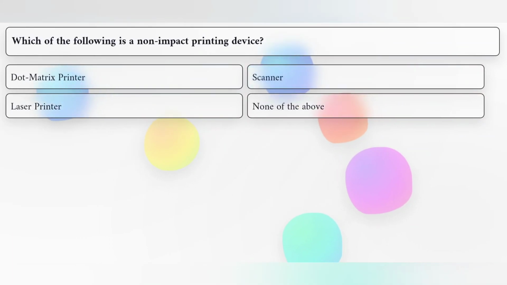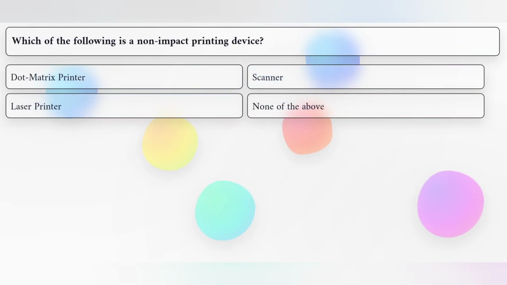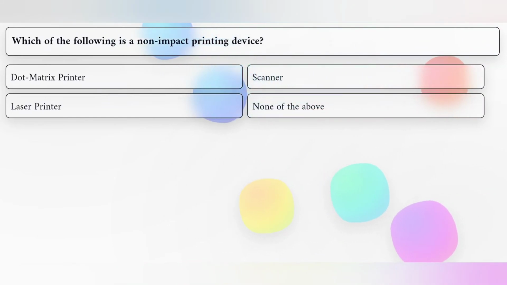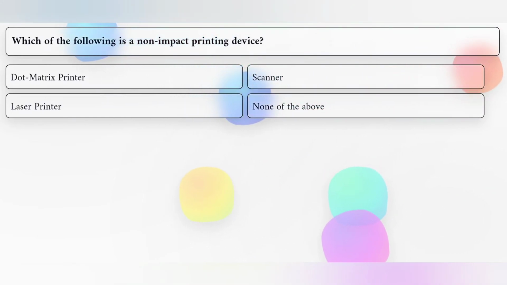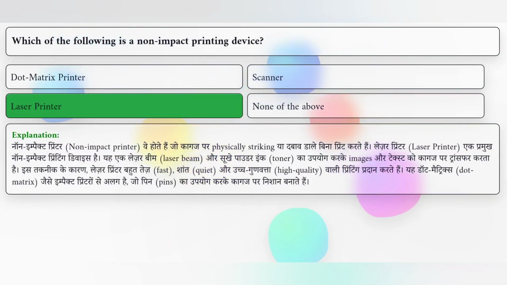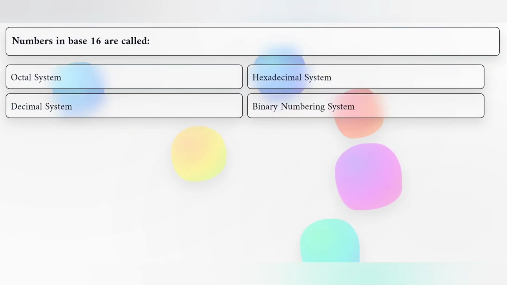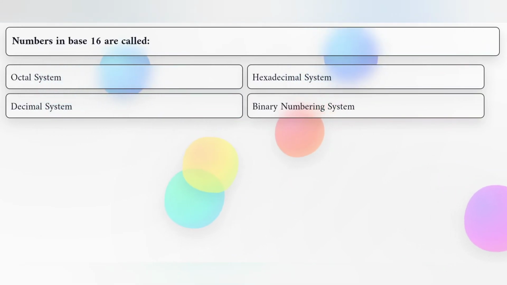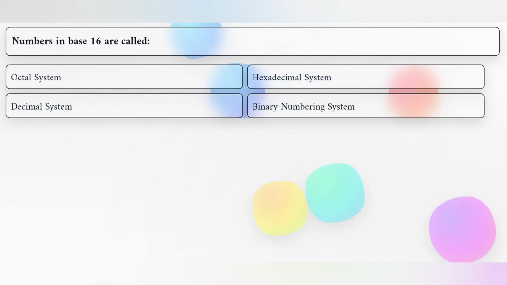Which of the following is a non-impact printing device? Dot matrix printer, scanner, laser printer, none of the above. Numbers in base 16 are called octal system, hexadecimal system, decimal system, binary numbering system.